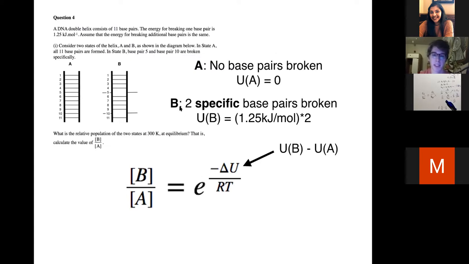And for B, it's 2 specific base pairs that are broken. So you can figure out the energy there, and then to get the change in energy, we'll take the difference, and that'll give you the relative population of B compared to A.